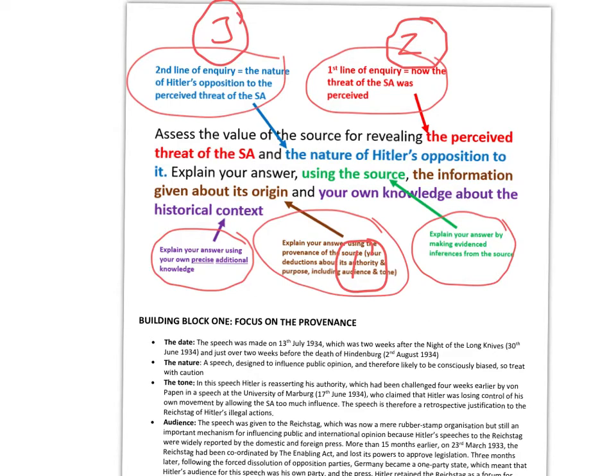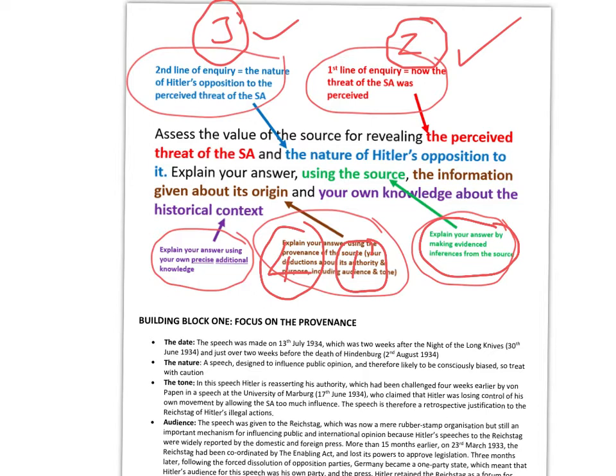So that's the inferences here, and you're doing it for that line of inquiry and that line of inquiry. And then the fourth building block, in a sense, you pull back and you consider the comprehensiveness of the scope of the source, which in a sense is going back to provenance again, and looking at provenance in a slightly different way.